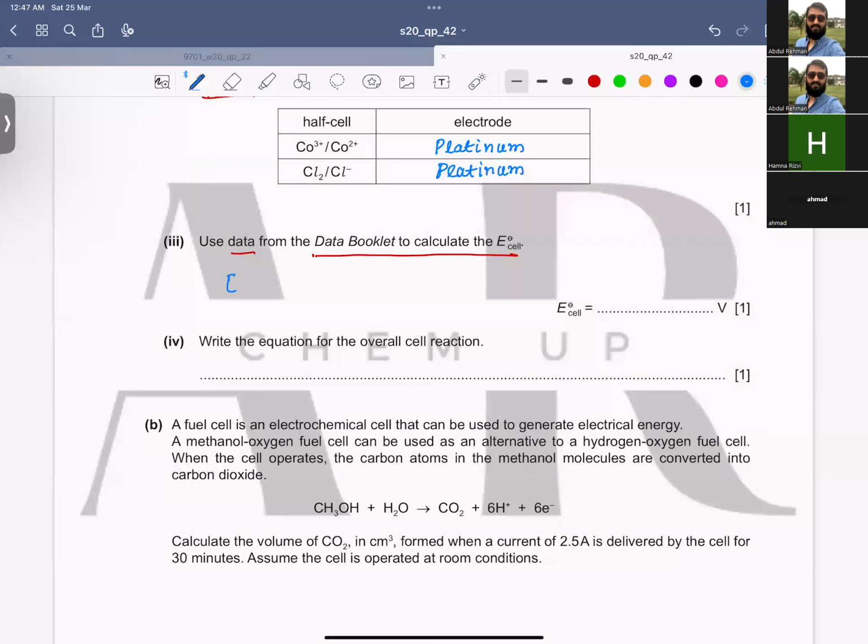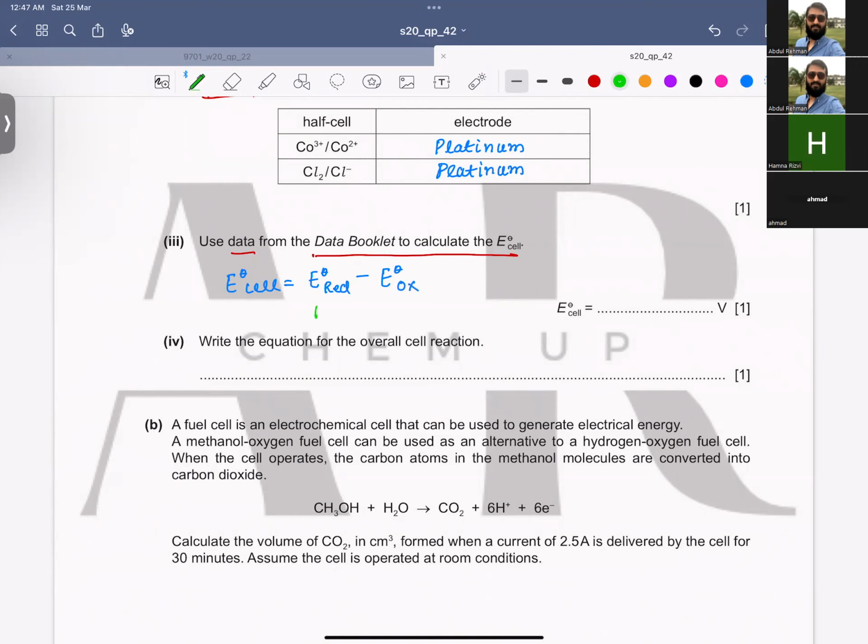So to calculate E naught cell, we will use E naught reduction minus E naught oxidation.